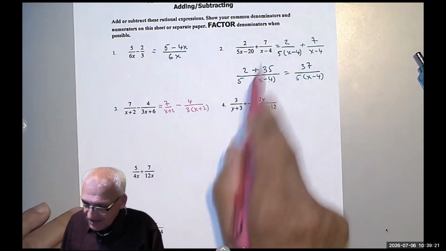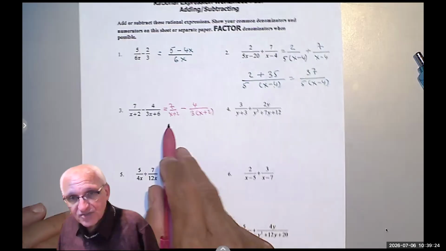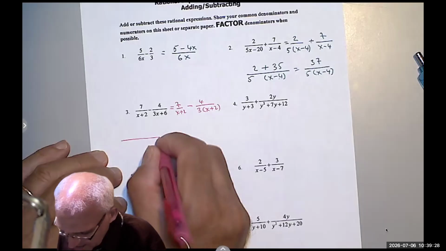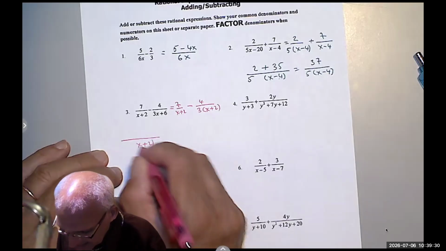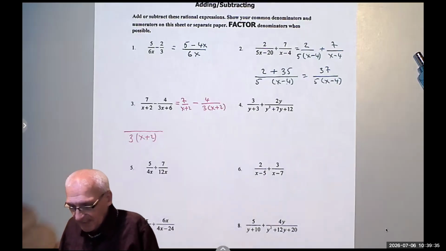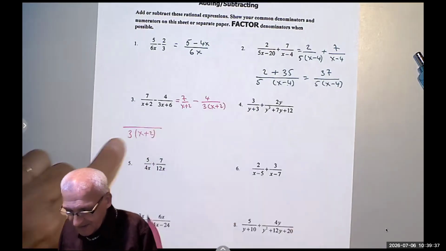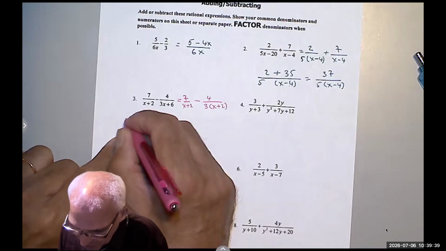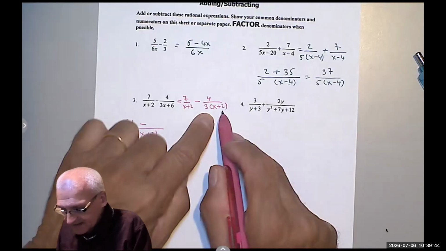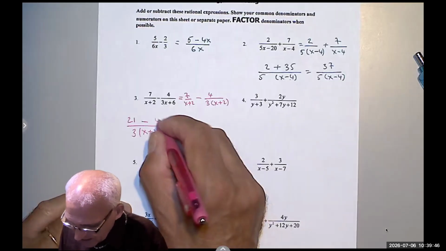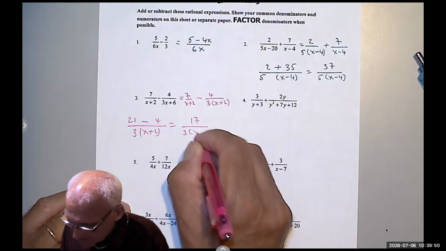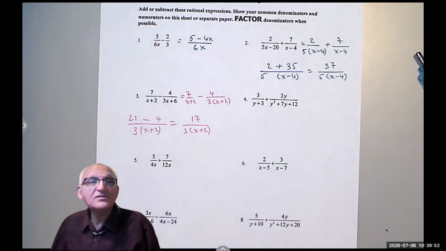And like what we did here, if I have x plus 2 and x plus 2, they come down in the denominator. I have 3 and 1, so the LCM is 3. I divide this by that, I get the 3. 3 times 7 is 21. Minus, minus. This over that is 1 times 4 is 4, so I get 17 over 3 times x plus 2. That's how we do the subtraction.